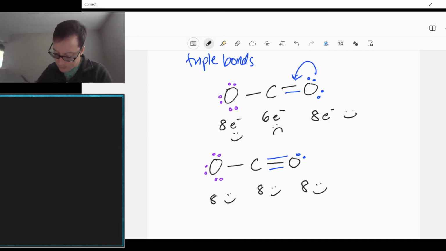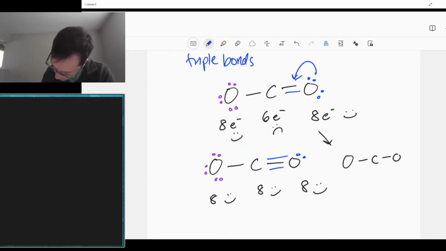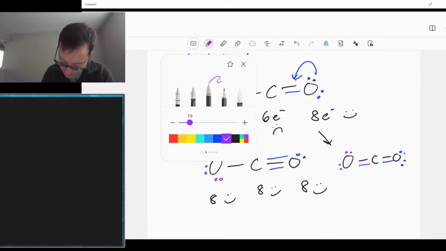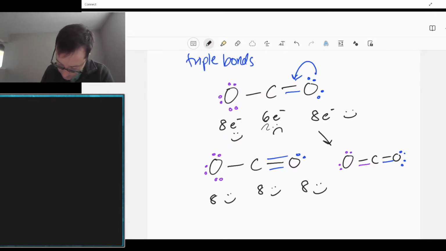Alternatively, though, we could have done it this way. We could have shared one from the other oxygen instead. And so what we're going to see is that one of these structures is better than the other. Sometimes you'll have multiple correct structures.